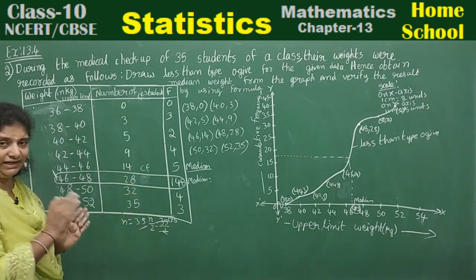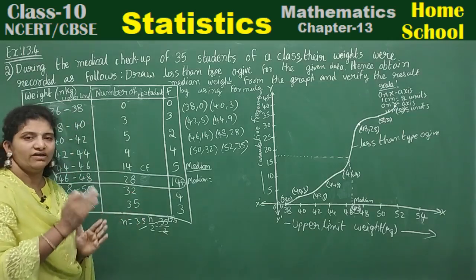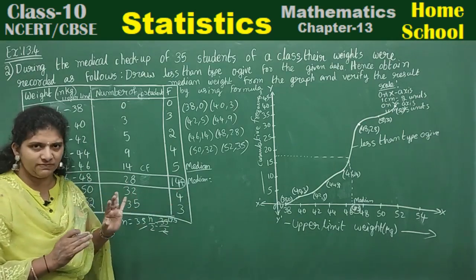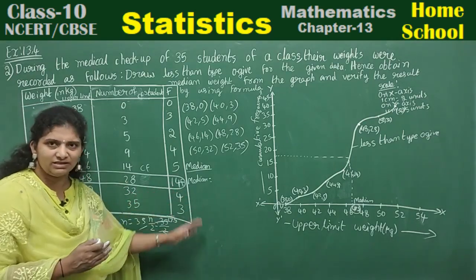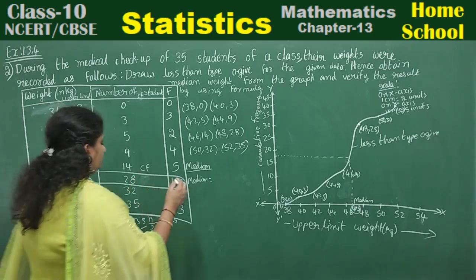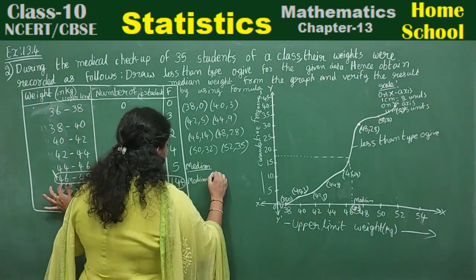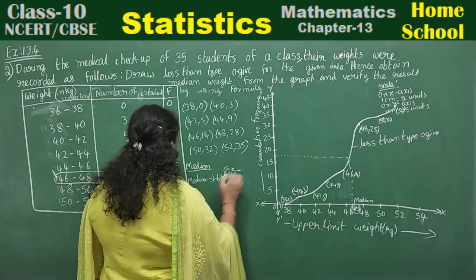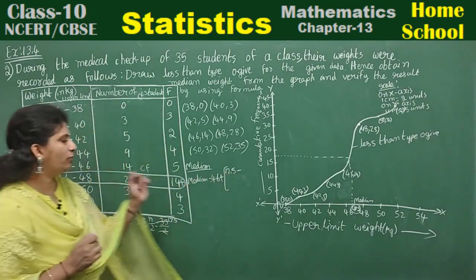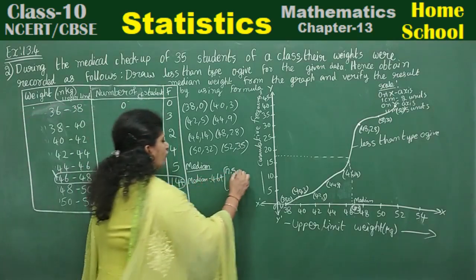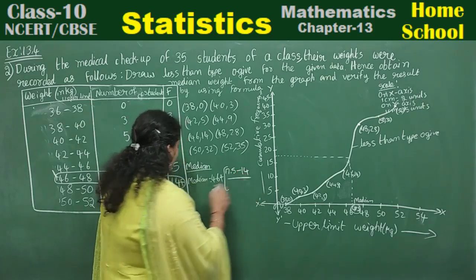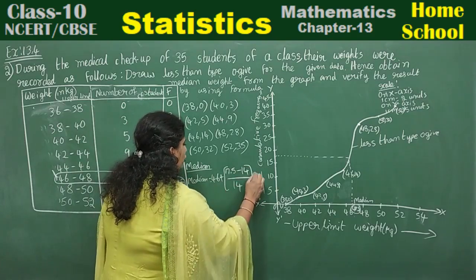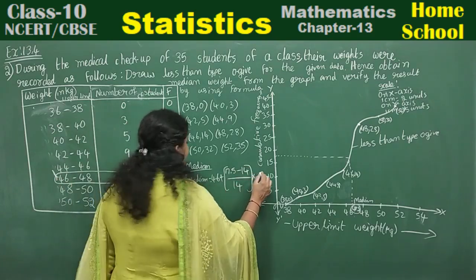You can write neatly L equal to, F equal to, CF equal to, everything, and complete. There is no space. Let me fill up within this place. Median is equal to L, 46, plus N by 2 minus CF, 17.5 minus 14, by F value, which is also 14, into H. What is H here? 2.